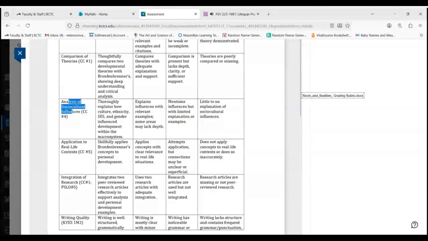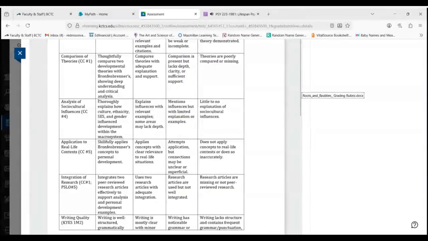You will talk about the analysis of socio-cultural influences. This is the mesosystem. Is it the meso? No, the macrosystem. And this is an anomaly in this project, because this is one of the learning objective questions, which is directly related to Bronfenbrenner's macrosystem application.